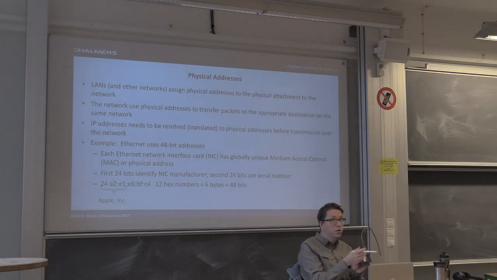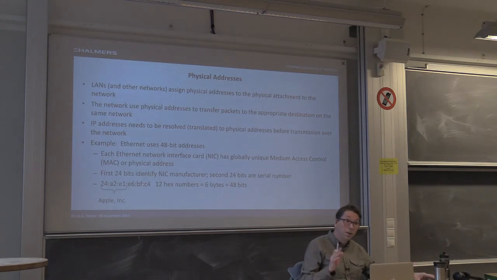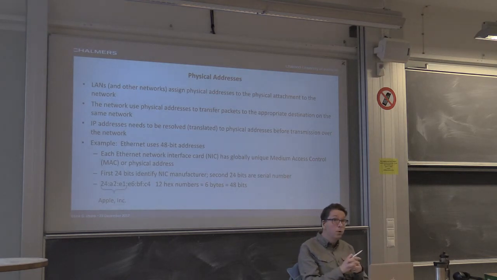While IP addresses change depending on where you plug it in, the physical address is the physical address of this chip here, right? This is, of course, in theory. In practice, it's a little bit different because you can reconfigure these MAC addresses for some of these chips. But in theory, you should not do that.